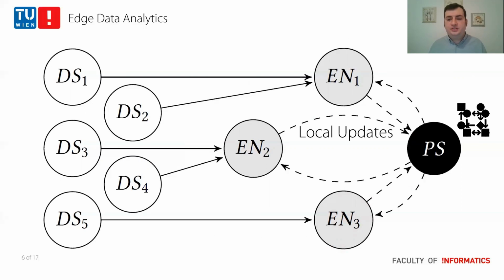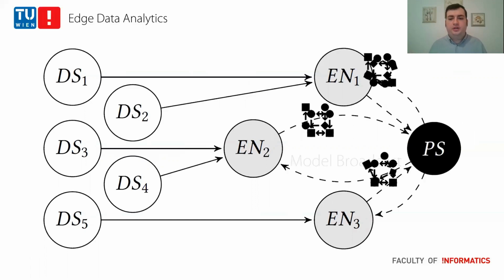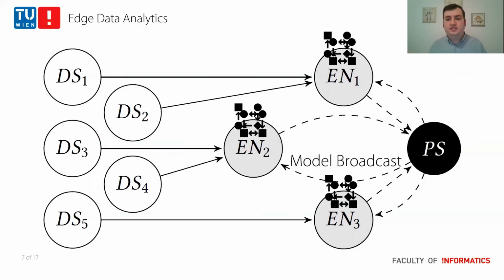In the parameter server, they are turned into a more complex but also more general and more accurate model. And again, periodically, these models are broadcast to all distributed edge nodes.